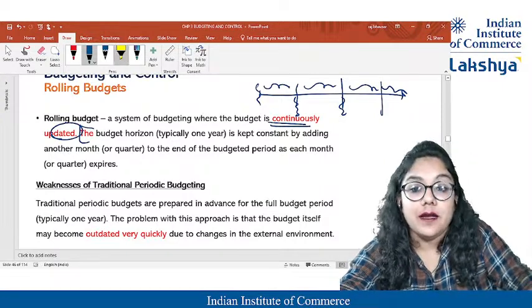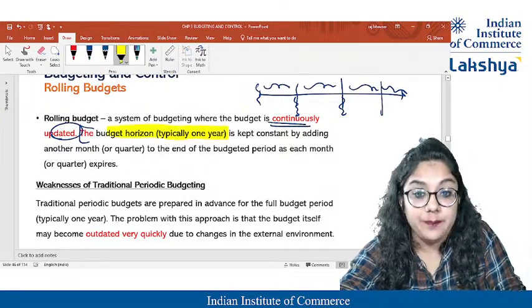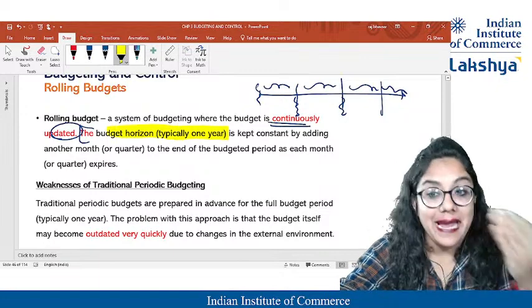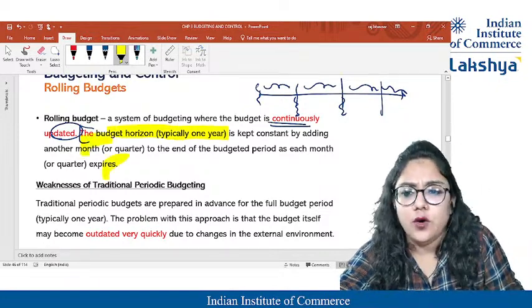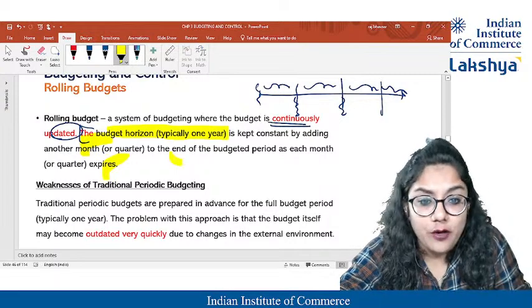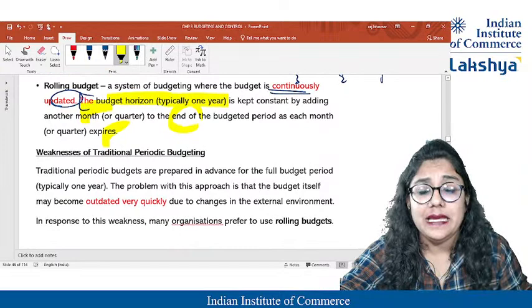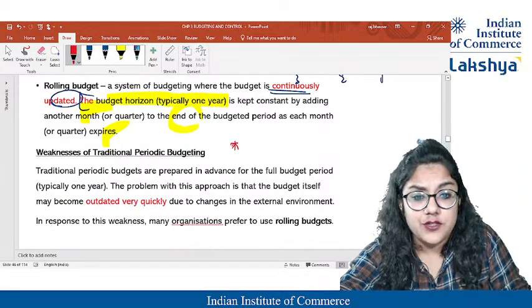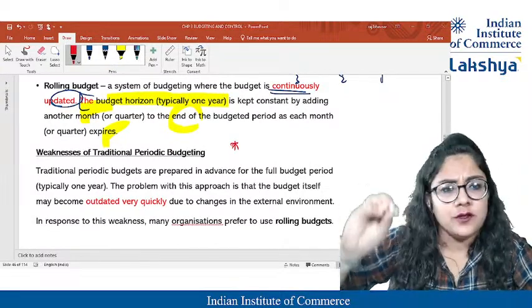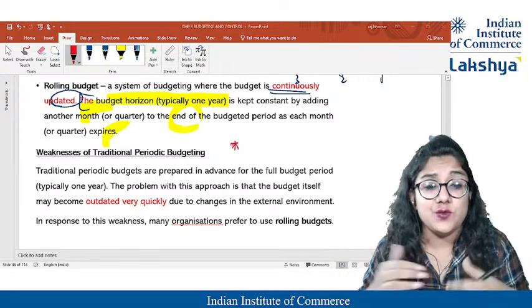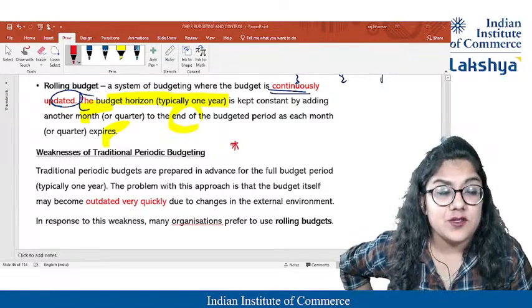So what they're doing: the budget horizon, typically 1 year, is kept constant by adding another quarter, or whatever it is, at the end of each period, and so on. Traditionally, we used to make the day one budget for the whole year and were not updating things.